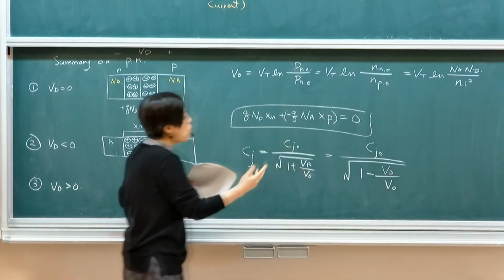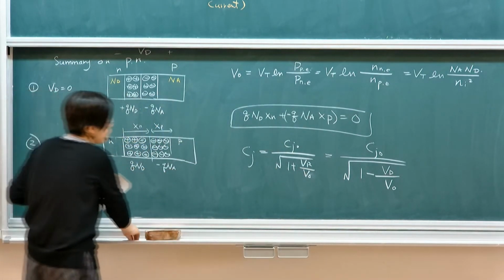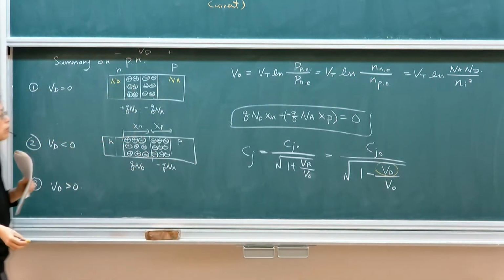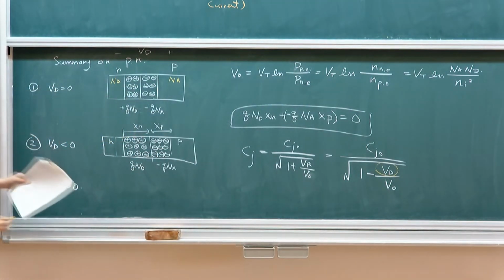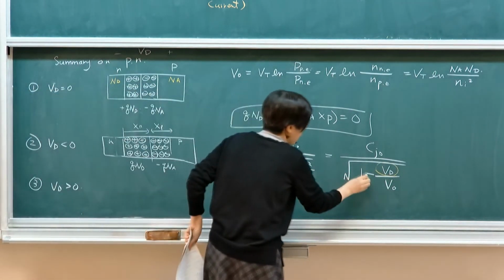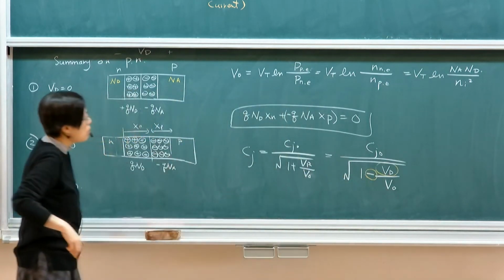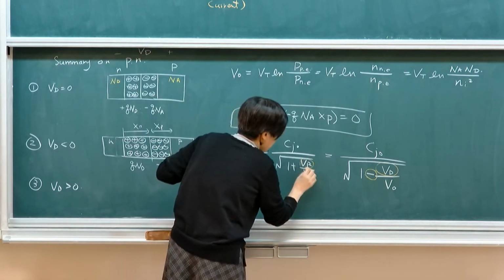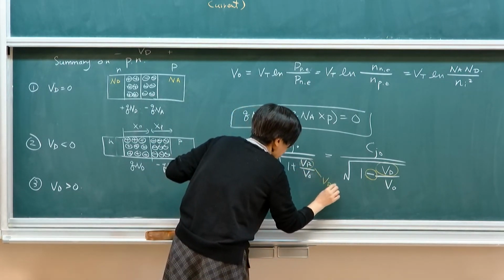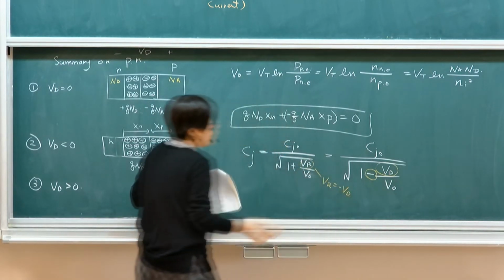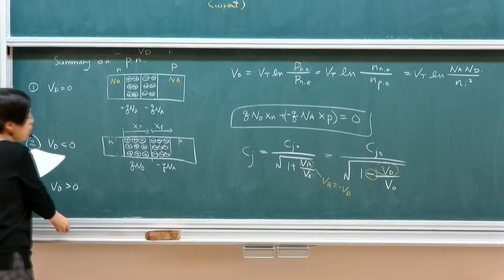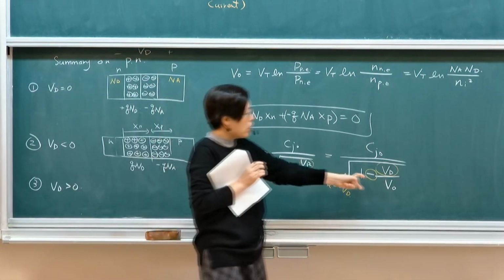If you don't want to change the sign of your voltage, then this will be VD with a minus sign. If you're using VD instead of VR, because I'm reversing the direction, here I define VR as minus VD in reverse bias, just to make the number positive so that it's easier to understand. But if you're not inverting that, then you need to keep the minus sign in front.